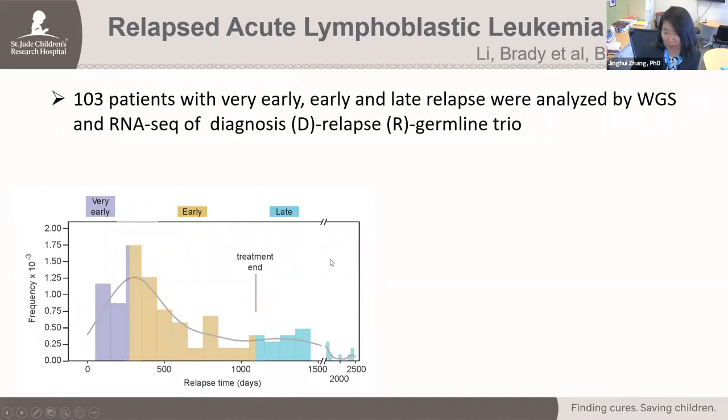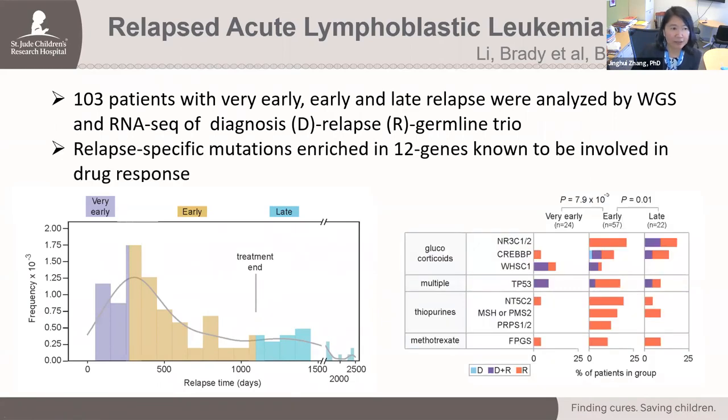or late relapse, which defines a subgroup of patients that have post-treatment relapse. What we have discovered is that relapse-specific mutations are enriched in 12 genes, which are highlighted here, that are known to be involved in pathways of the drugs used in treating leukemia patients. These drugs include glucocorticoids, thiopurine, and methotrexate.